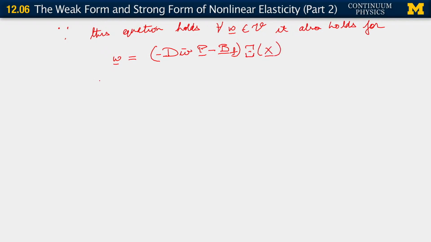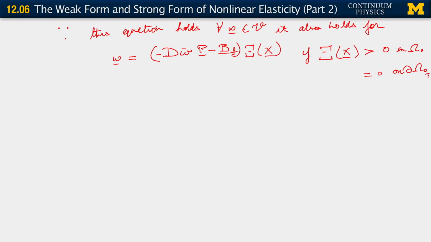So it also holds for this function if chi of x is a scalar function, which is greater than 0 in omega naught, but goes smoothly to 0 on the boundary. Then it definitely holds for that function as well.